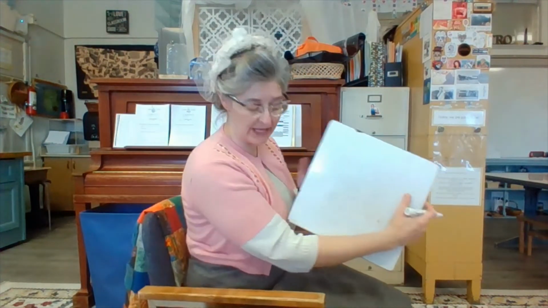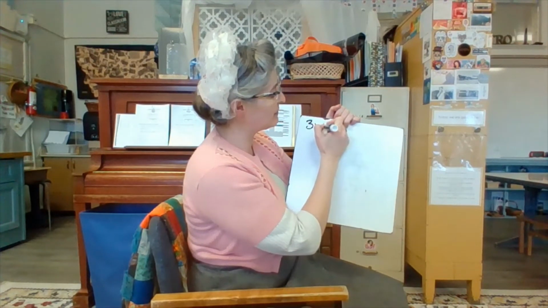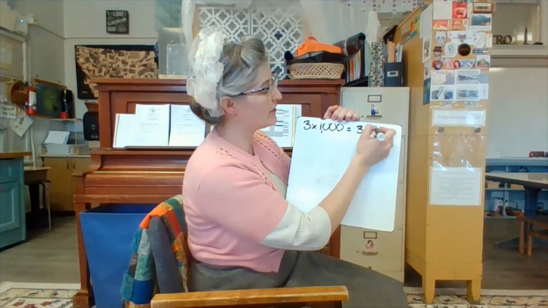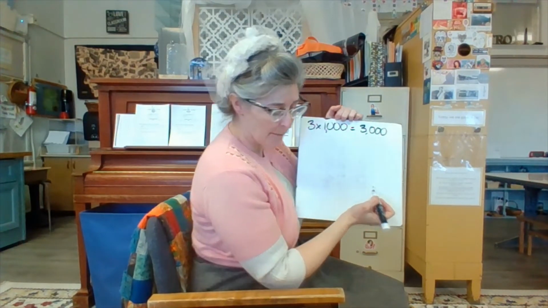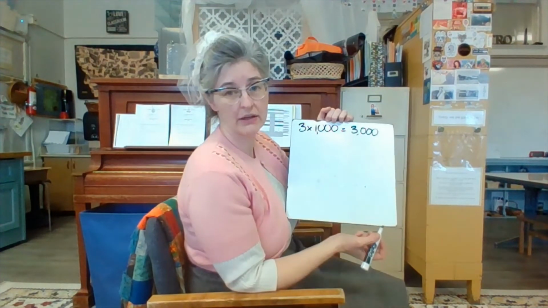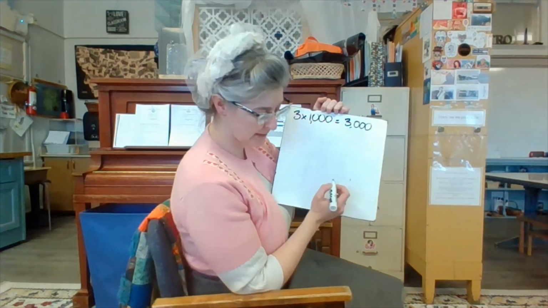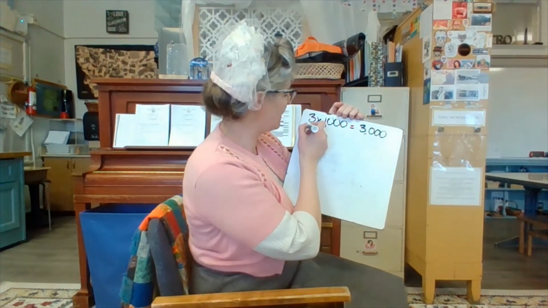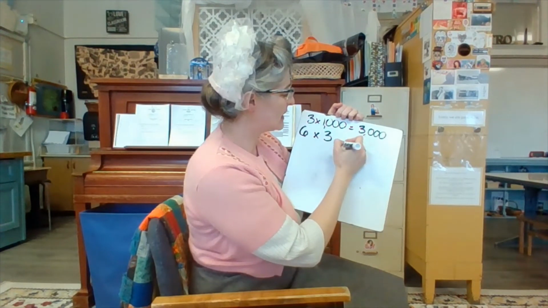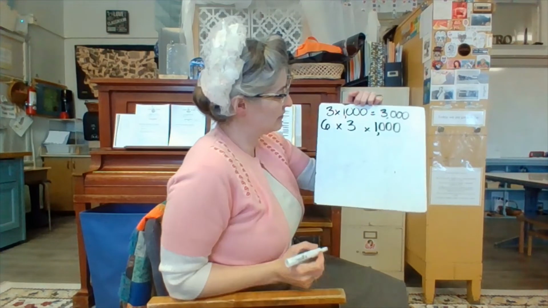So let's write down the basic information, right? We've got that 3 times 1,000 because we already figured that out just a moment ago. But now we want to multiply this whole thing times 6. How many will he need for 6 bridges? Well, I can figure out 6 times 3 times 1,000.